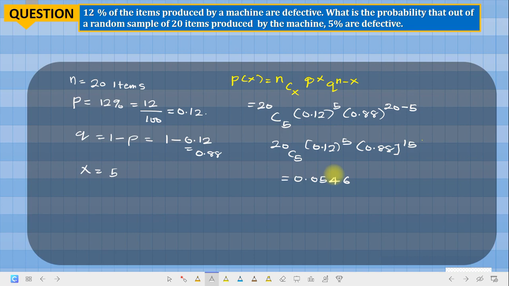That gave us that answer. 0.0567 rather, not that. So the correct answer is 0.0567.